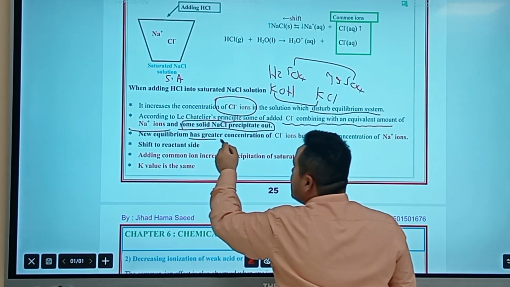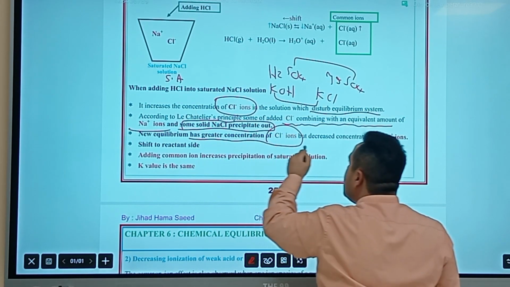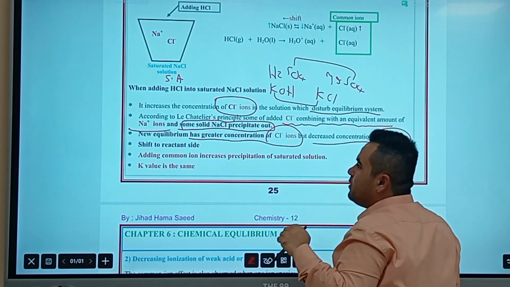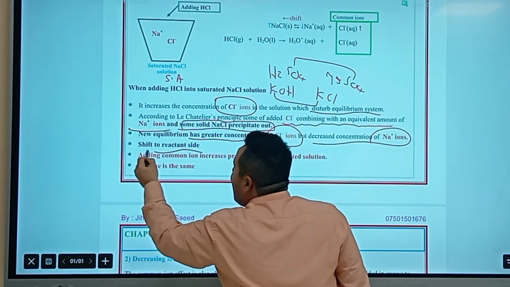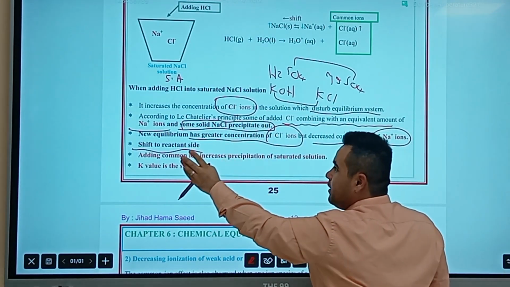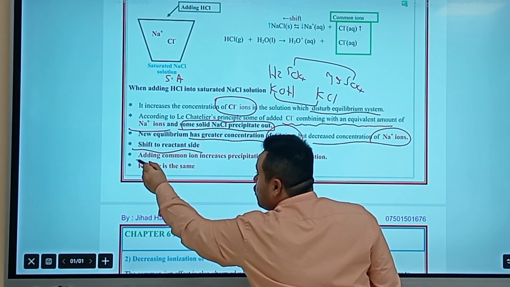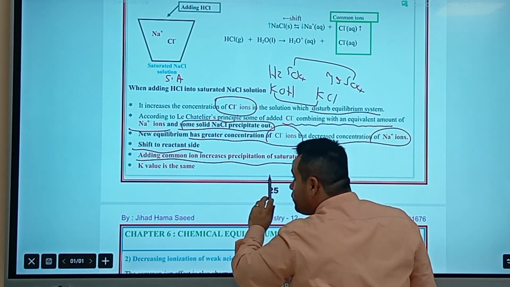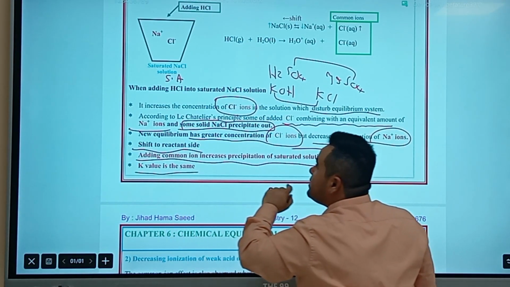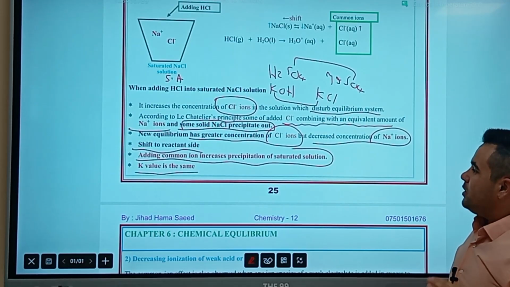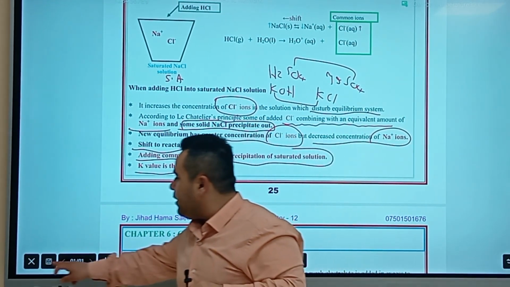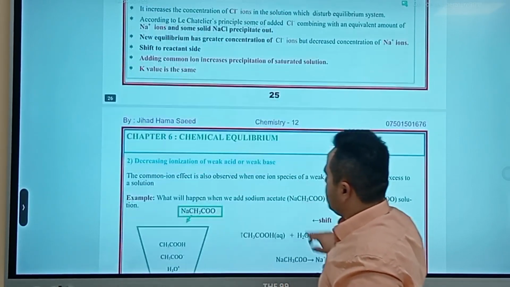The new equilibrium has a greater concentration of Cl, but a decreased concentration of Na. As I told you, it shifts toward the reactant side in the salt equation. So adding a common ion increases precipitation of a saturated salt. The K value is the same. So this addition of the common ion does not change or affect the value of the equilibrium constant.